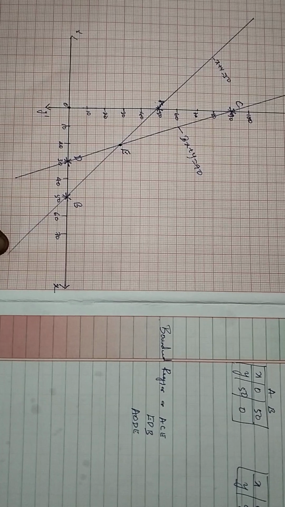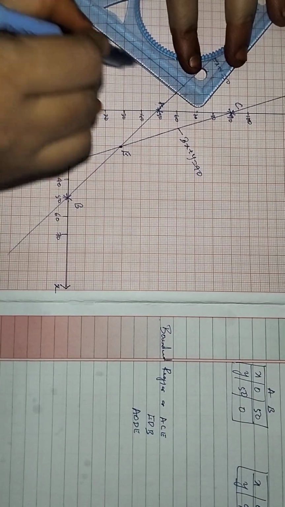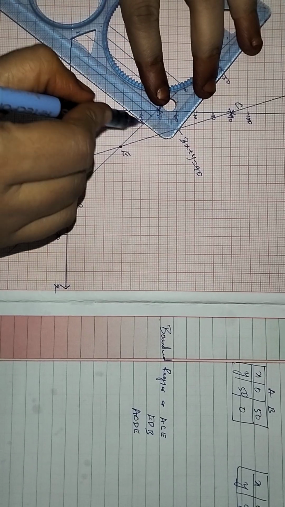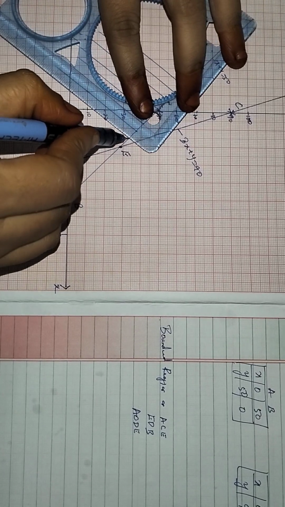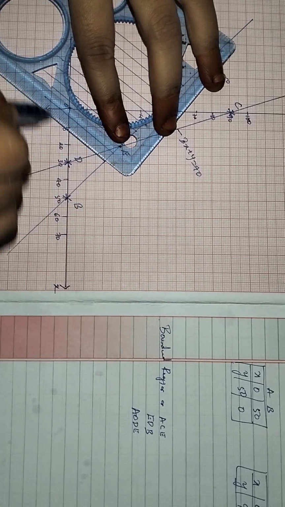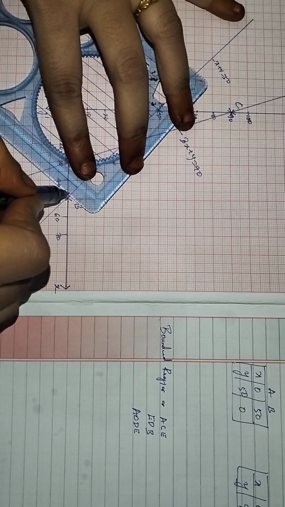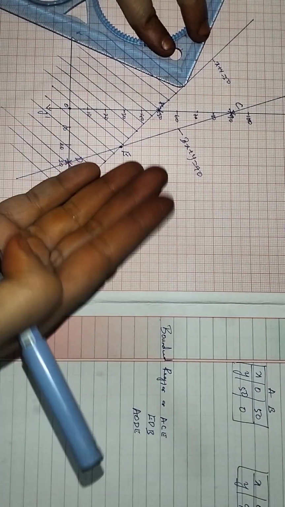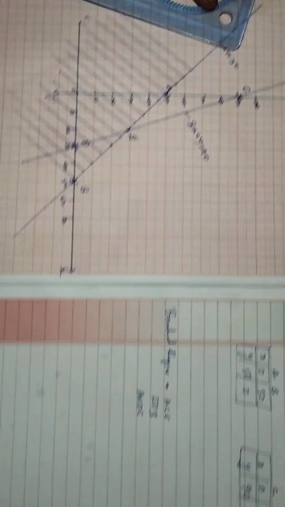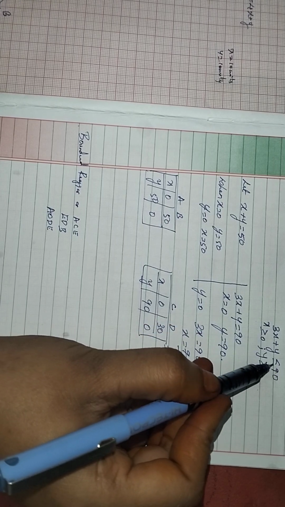So what do I have to do? Draw a downward arrow mark, because it is less than. The value is less than or equal to 50. This is up to 50, so the value is less than 50. Okay, I hope that you got this point. Now, what is the next condition? The second line, 3x plus y is less than 90.